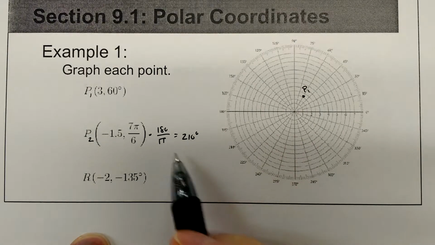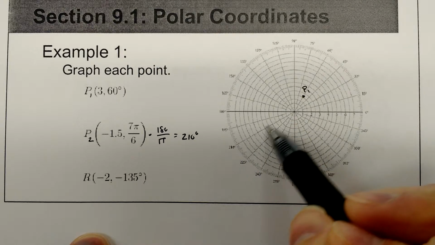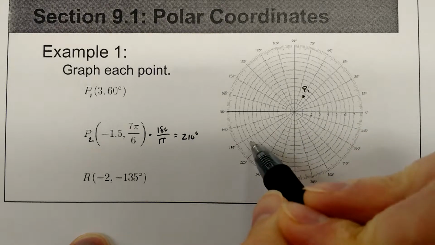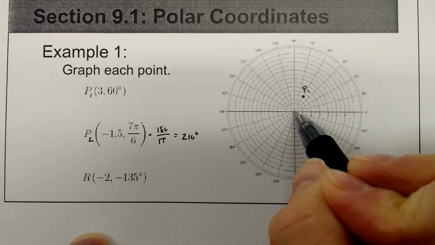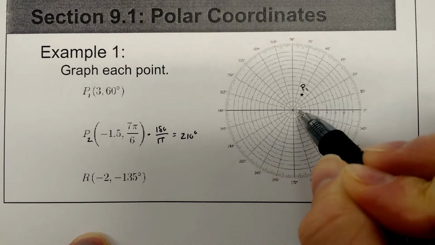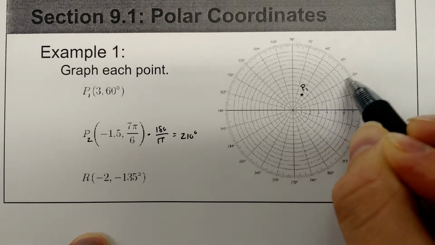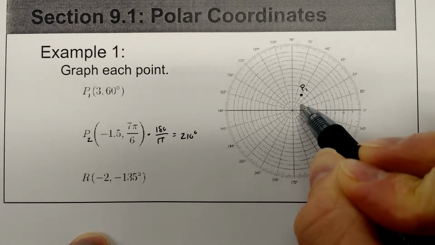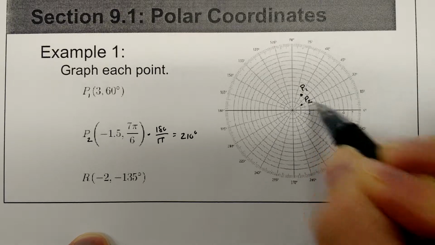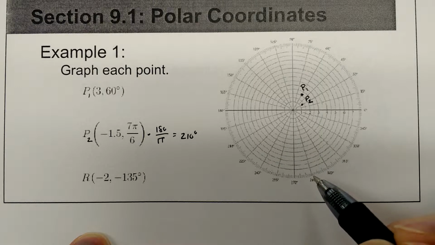So I'm going to find my 210 degree ray, which is right here. And then on that ray, I'm going to go negative 1.5. Now here's the problem. 210 points this way, down to the left. So with the negative 1.5, I'm actually having to go backwards, which is on the same ray as the 30 degree ray. So I'm going to go 1.5, about right there. So there's P2. Since that's negative, I went away from my 210 degree ray.